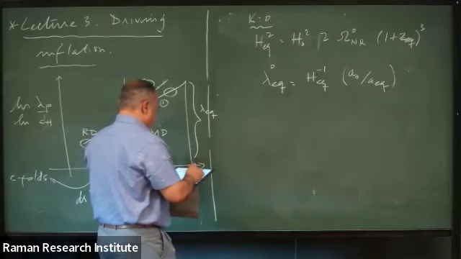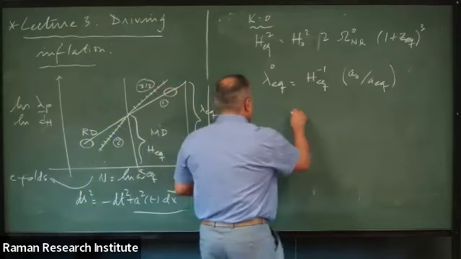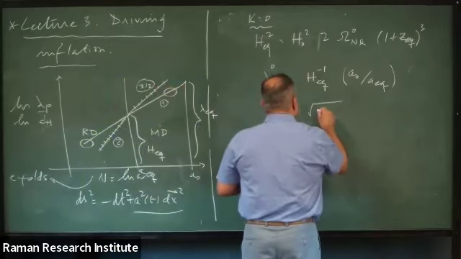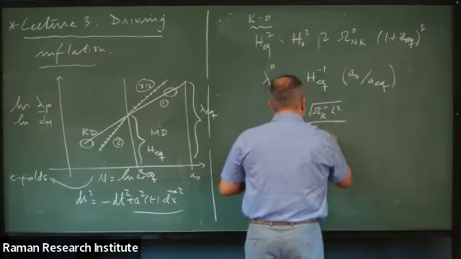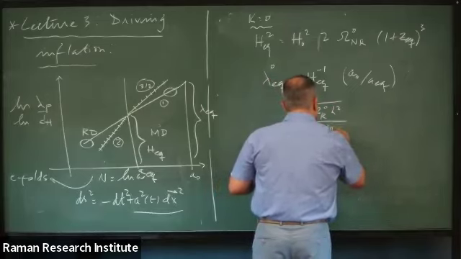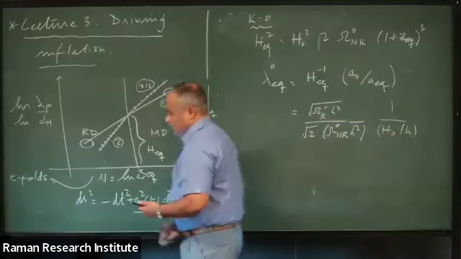So I will write the final expression. You can write this as follows: the square root of omega R naught H squared, by the square root of 2 omega R naught H squared, times 1 over H naught by H. All these quantities you know.